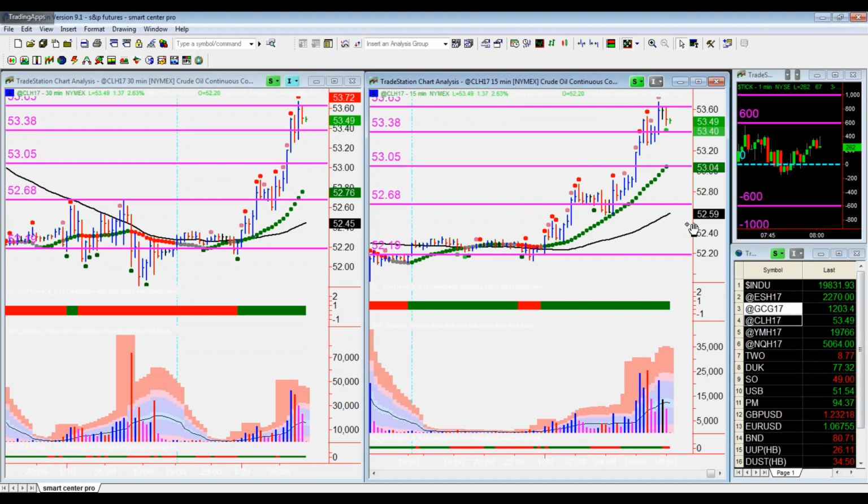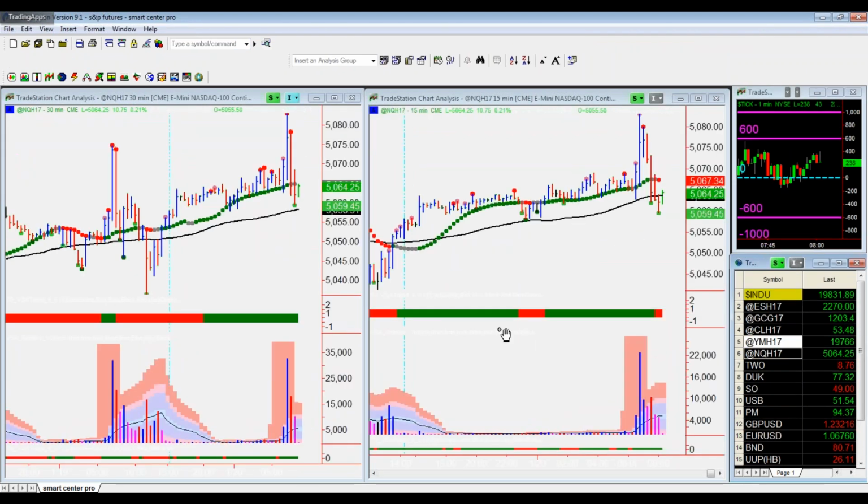The markets should be revving up. Look at the NASDAQ, see if it's taken off. 30.15.